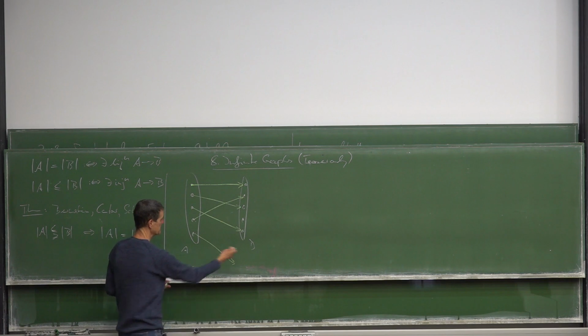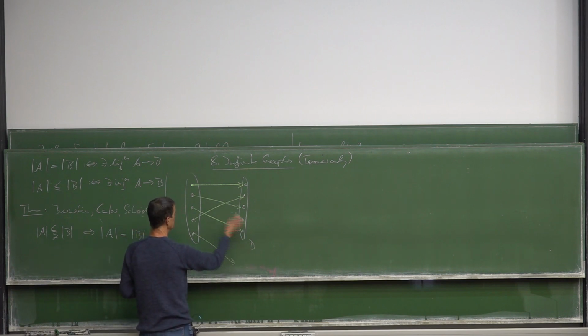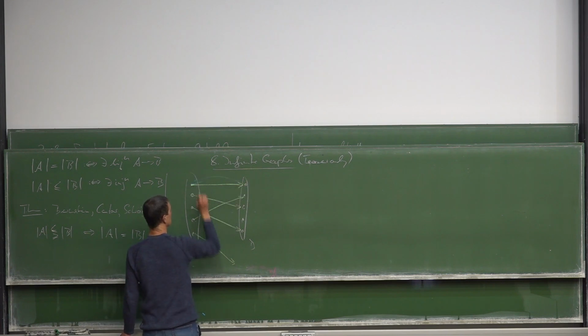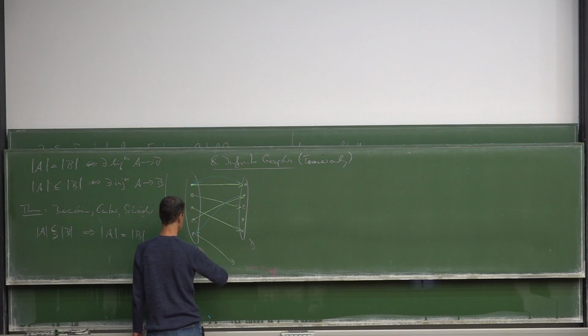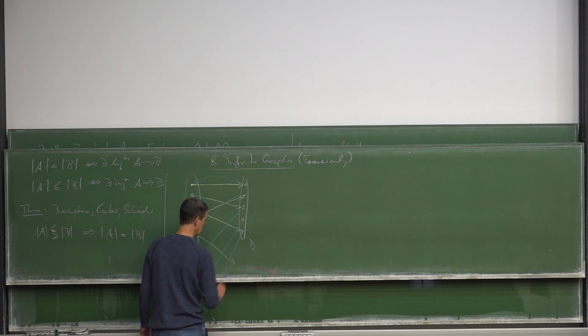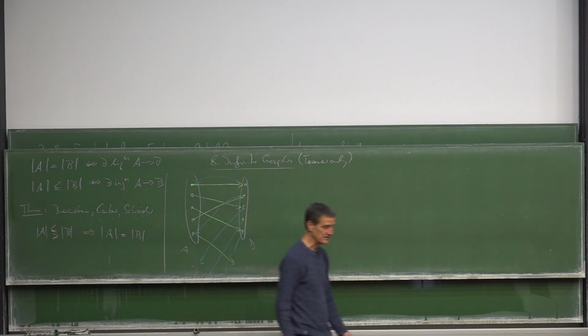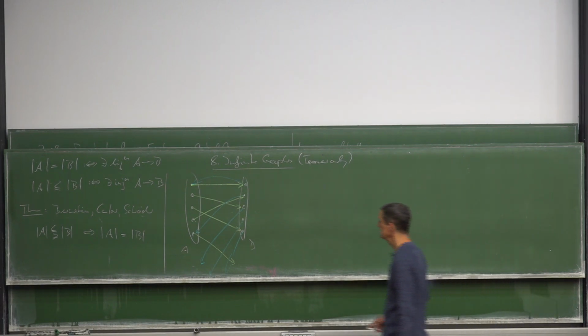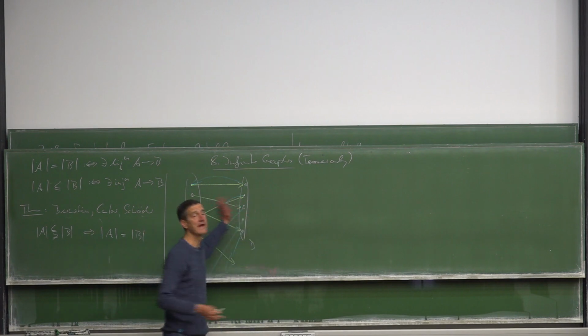And likewise, there's an injective map from B to A. So for every little b, we can map that to some A, in an injective way. And we ask, is there a bijection between A and B?